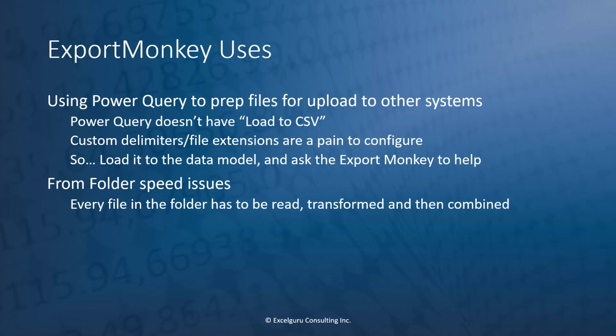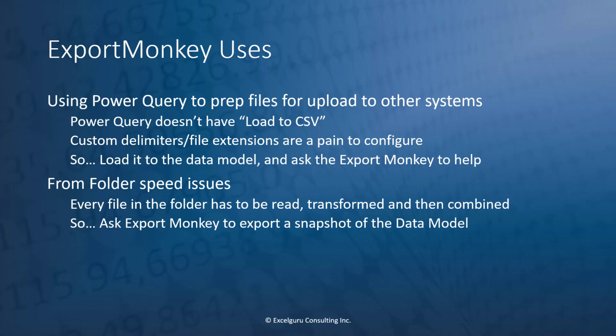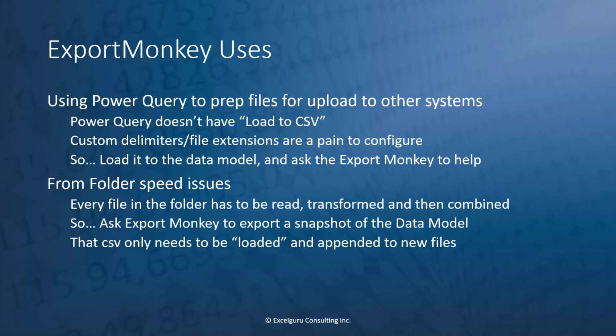So what the ExportMonkey can do is it can actually take a snapshot of your data model table, download the whole thing to CSV because that data is already transformed. At that point, you can then set up your system to say, read the CSV data and only give me the files that aren't in the CSV, the newer stuff. And at that point, we only need to transform the new stuff and we just have to read the stuff from CSV. So it should help you actually increase the speed of your load by crystallizing a snapshot of your data model at a certain point.